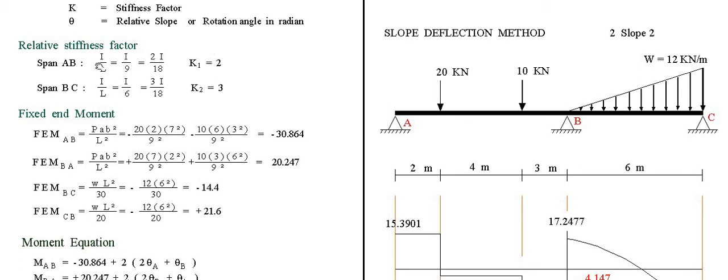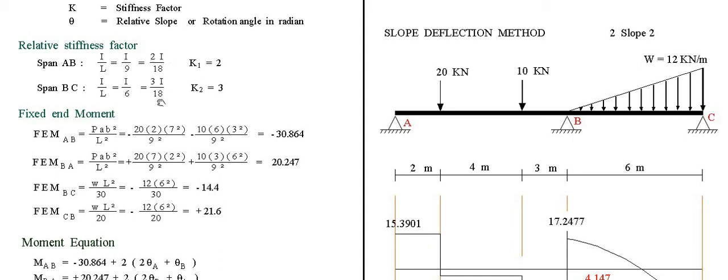You have I over L. For AB, L is 9, so 1 over 9. Then BC is I over L, this is 6. The lowest common divisor is 18 between the 9 and 6. 18 can be divided by 9, 18 can be divided by 6. 18 divided by 9 equals 2 times I equals 2I.